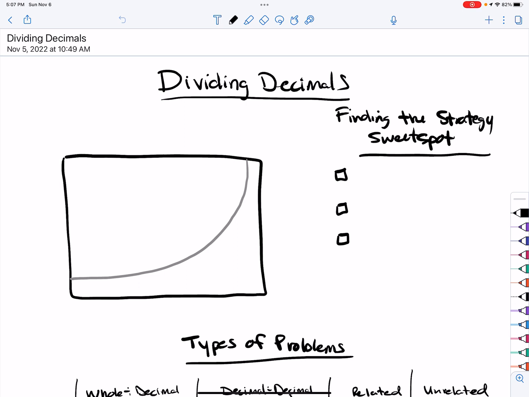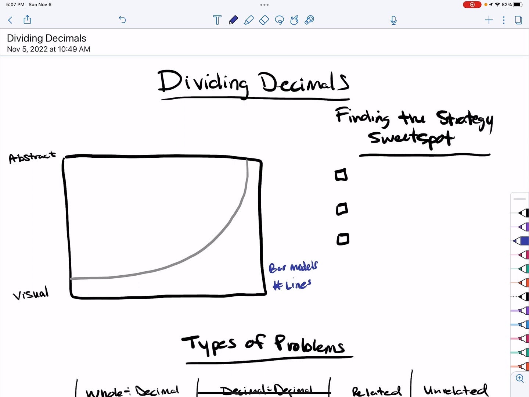So on the vertical sides here, we have our types of strategies. And so on the bottom, these are going to be our more visual strategies, the things that are based in the models, as opposed to at the top, the strategies that are a bit more abstract. So when you're thinking about this, your visuals would be strategies like number lines or bar models.